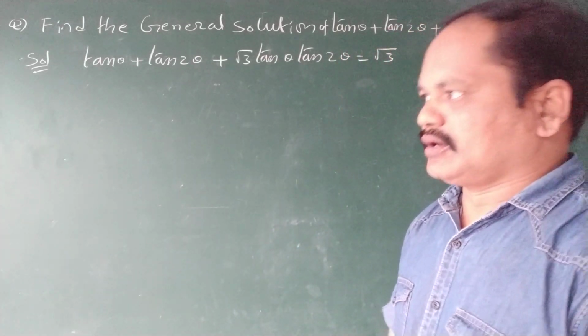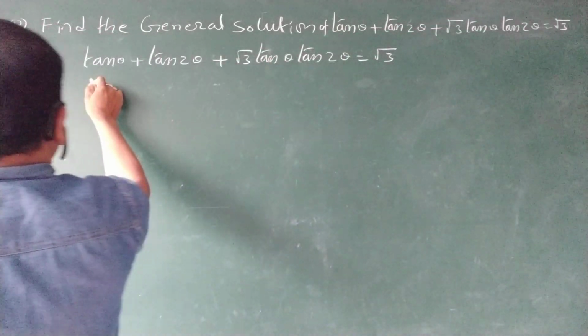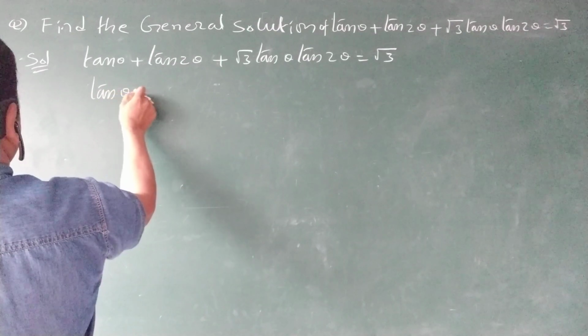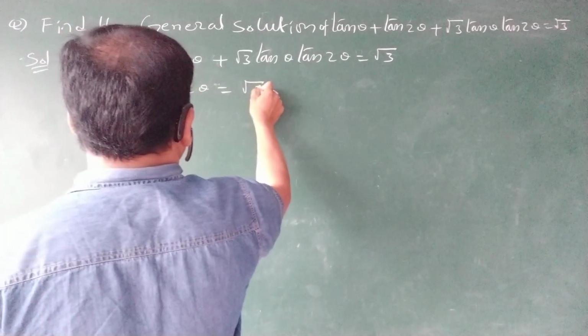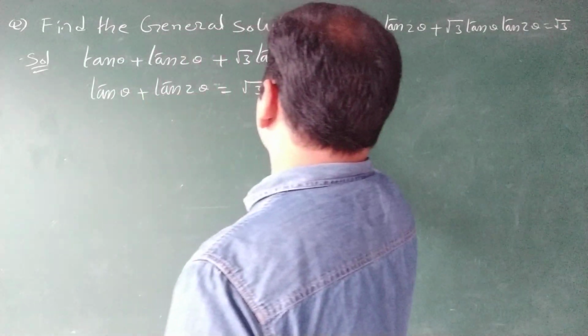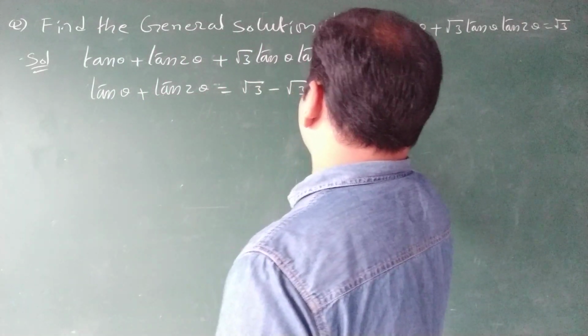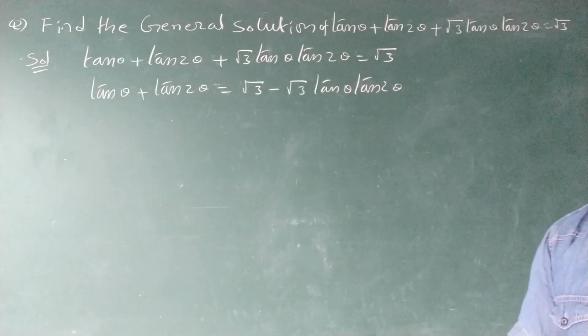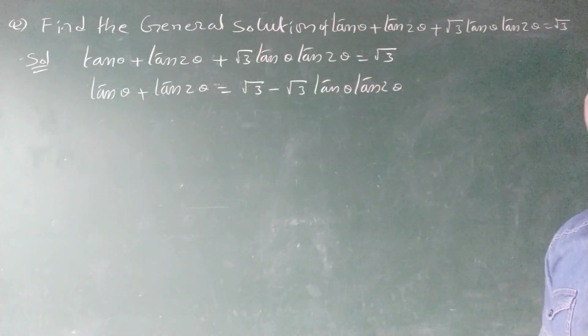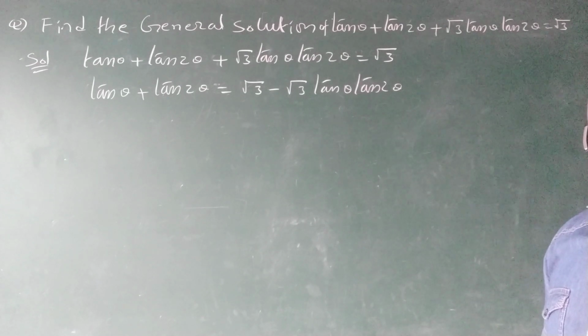Now from this we have to write tan theta plus tan 2 theta is equal to root 3 minus root 3 times tan theta into tan 2 theta. In the RHS we have to take common root 3.